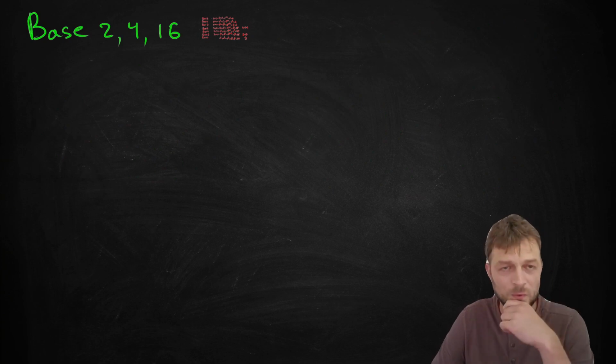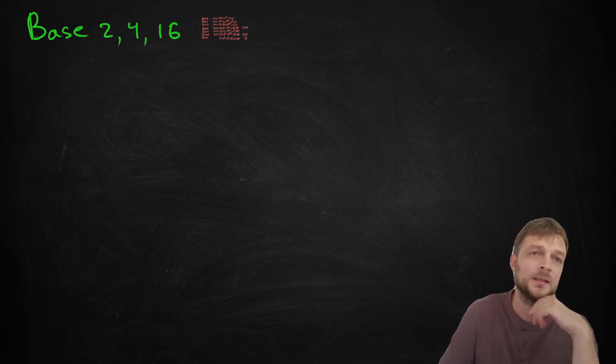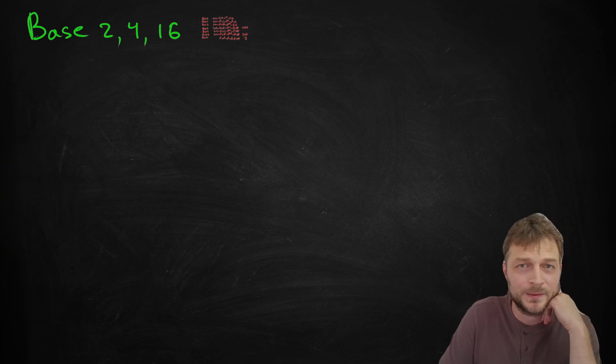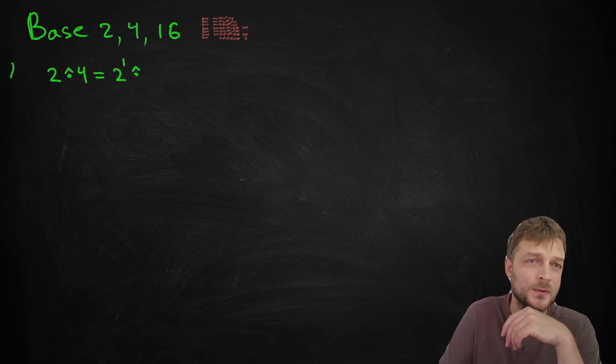Let's look at why we choose base 2. We could choose base 4, base 16, or any other number. Let's compute. So let's see, 2 multiplied by 4 equal 2 to the power 1 if we consider base 2 first.